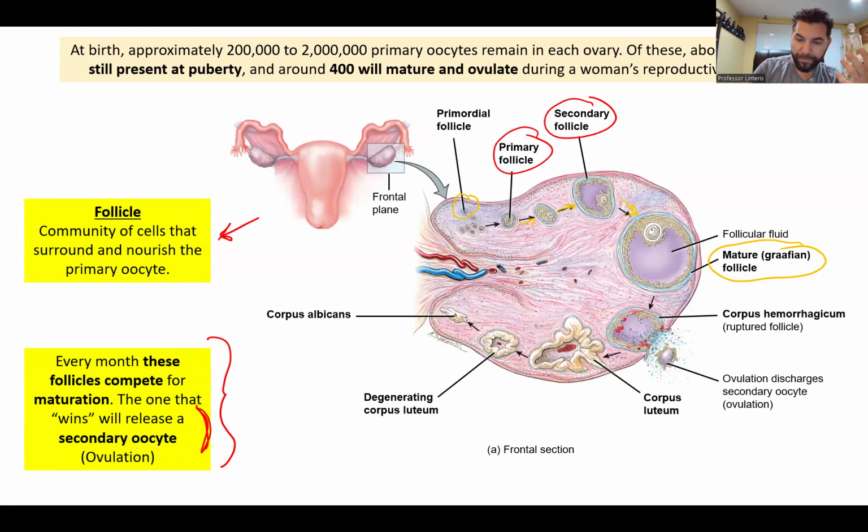Ovulation, as you can see, is when that secondary oocyte is released from the ovary. The cells that remain turn into the corpus luteum. If fertilization occurs, that structure will stick around and do a variety of things. If fertilization does not occur, it starts to degenerate and turns into a structure called the corpus albicans, and then it basically goes away.